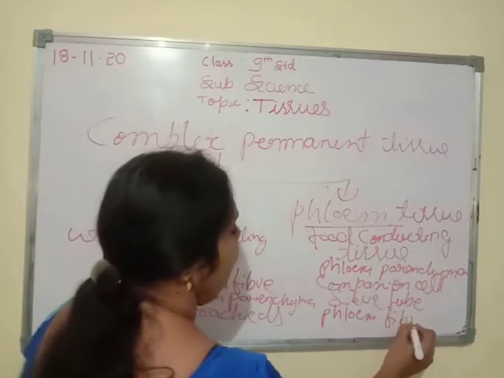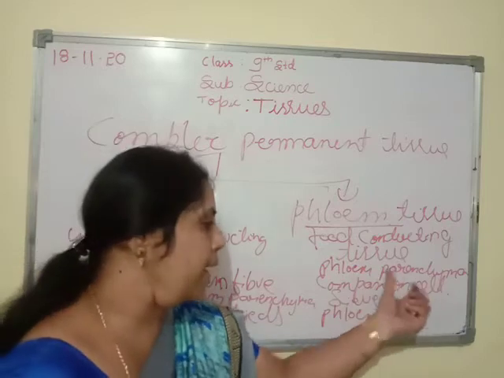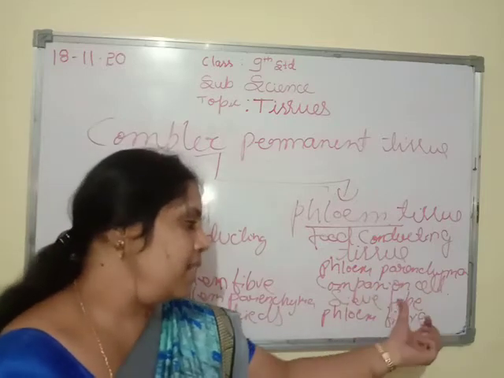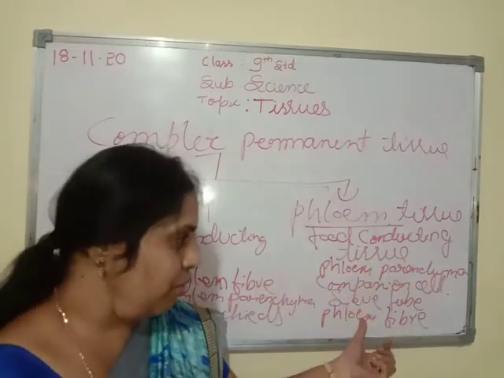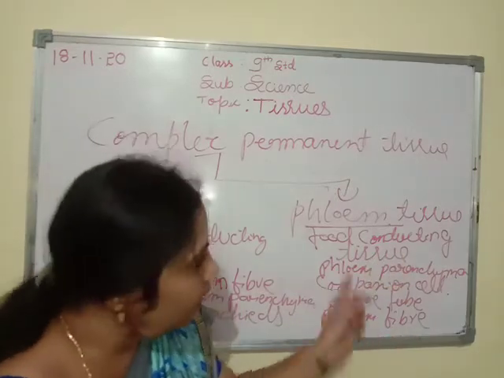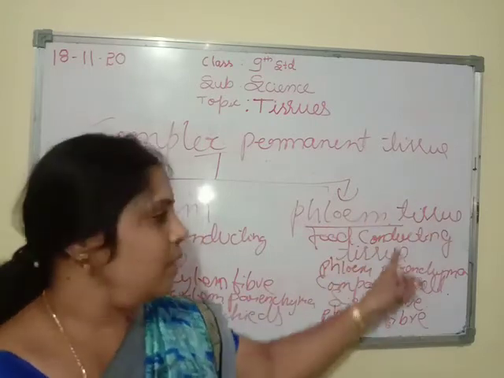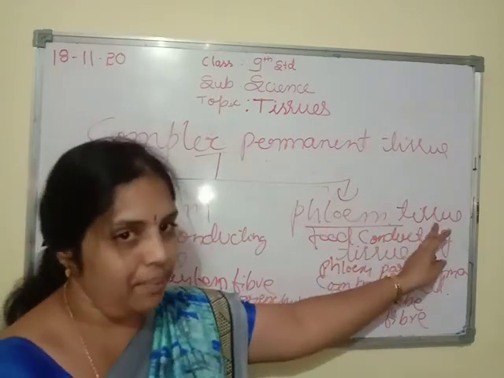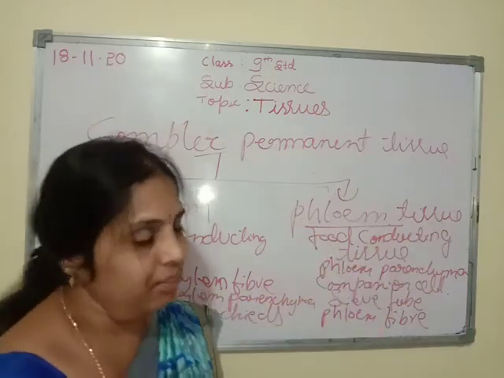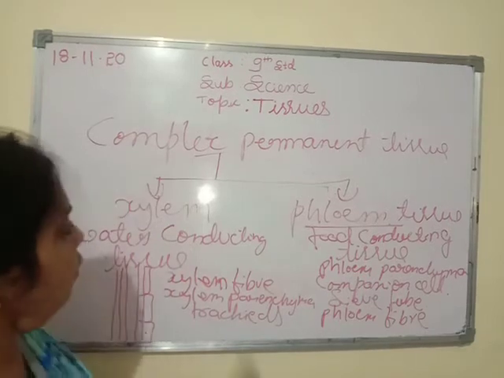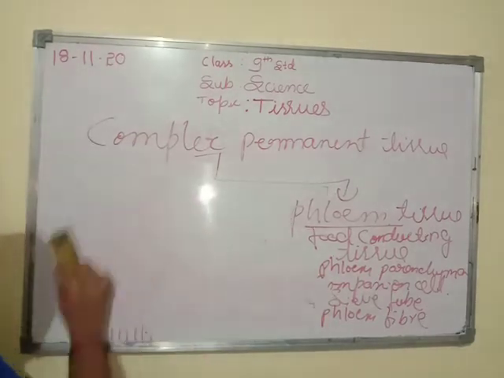How many cells are there now? Four cells: phloem parenchyma, companion cell, sieve tube and the phloem fiber. All these four kinds of cells together form a tissue known as phloem tissue. Here all the cells are not the same, but they all perform the same function. It functions as the conduction of food.